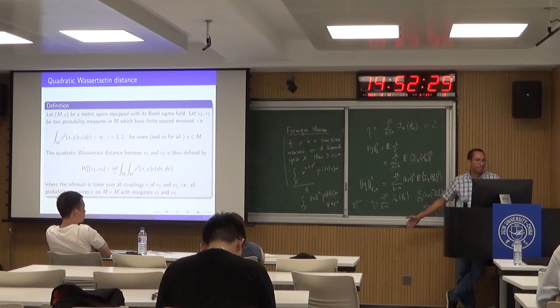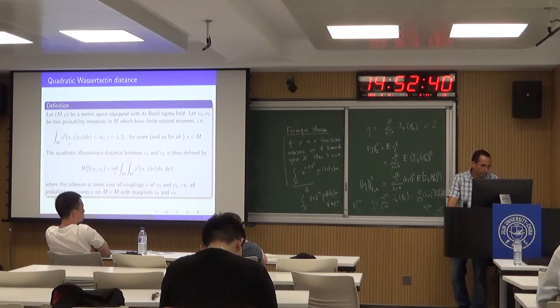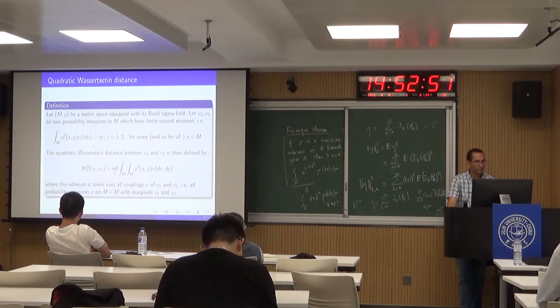Of course, here it is even a Banach space, the linear space of continuous functions from 0, 1 to R^d. So we don't really need a distance, we even have a norm. We have a finite second moment in the following sense.